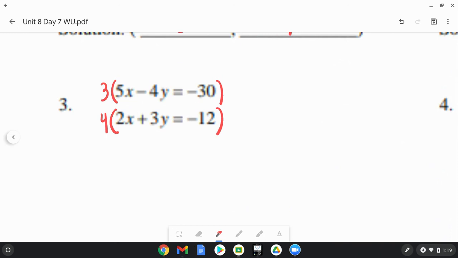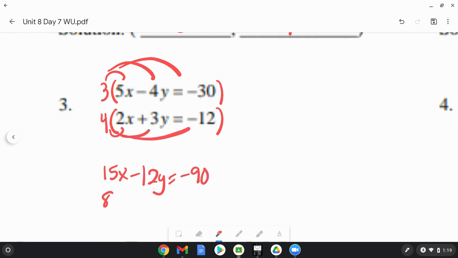This should cancel out the y's. So if we distribute this correctly, we get 15x minus 12y is equal to -90. Multiply it in, and I get 8x plus 12y is equal to -48.